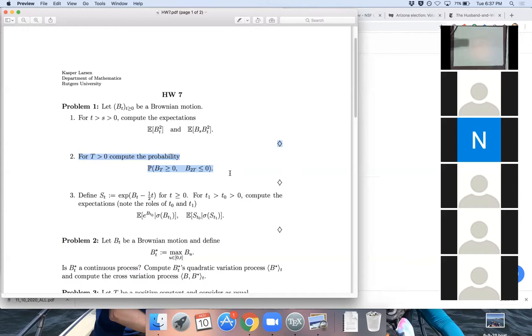Well, keep in mind, if you use Chebyshev, you're going to get an inequality, and we're asking for an equality here. You look at that there are 2 random variables in play here, right? Bt and B2t. So you can take t to be 1, maybe just to get started. Then you're interested in P of B1 is positive and B2 is negative.